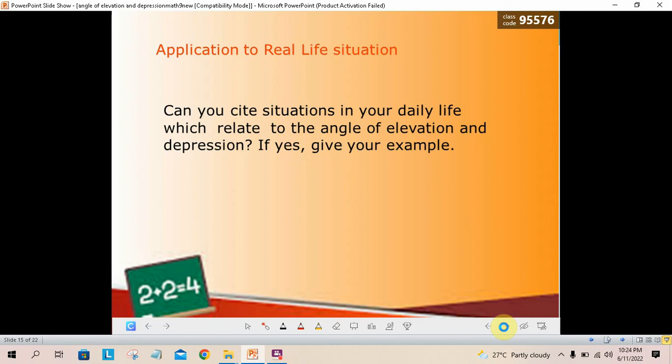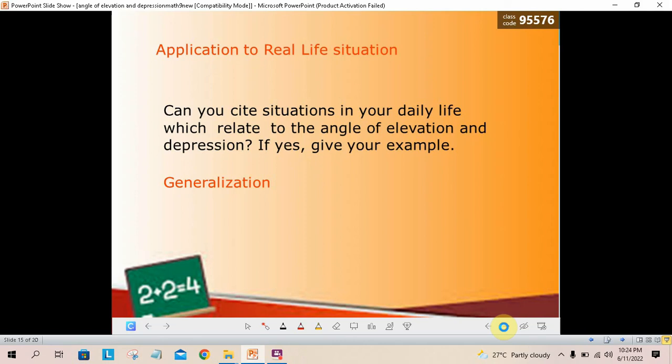Okay, so for our generalization, we are only talking of the two, depression and elevation. When we talk of angle of elevation, we're going to look up, while depression, we're going to look down only.